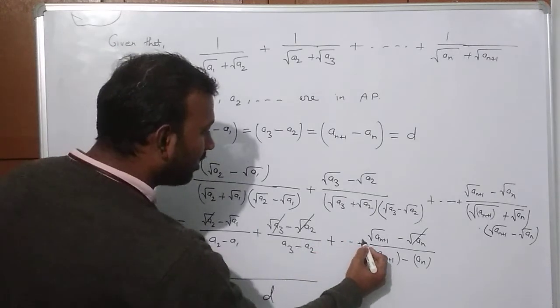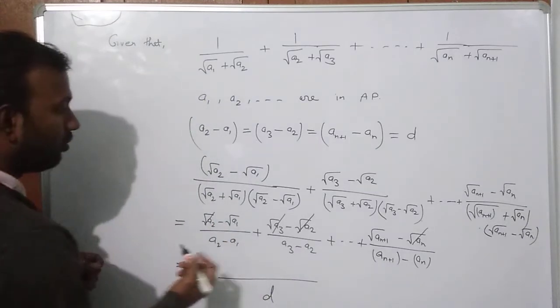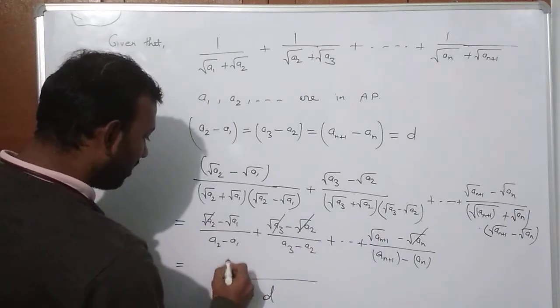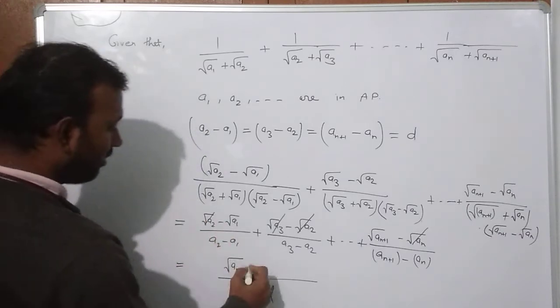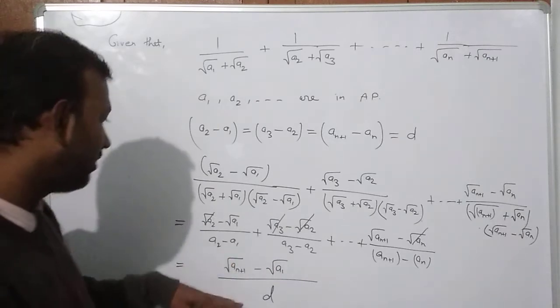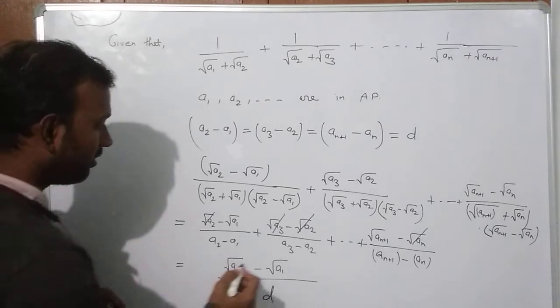Here we have plus sign. So what is remaining now? What is remaining is under root a n plus 1, and here minus under root a1. Now again, if we multiply this with its conjugate, what can we write?